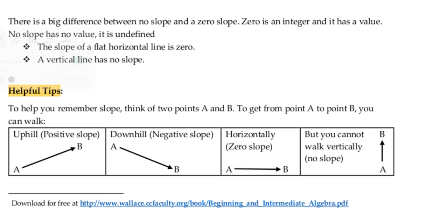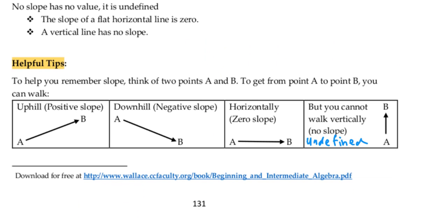Some books will actually write, instead of no slope, the word undefined. Sometimes people get no slope confused with 0 slope, but these are very different. 0 is a value, no means it doesn't exist, it's undefined. Okay, let's keep moving.